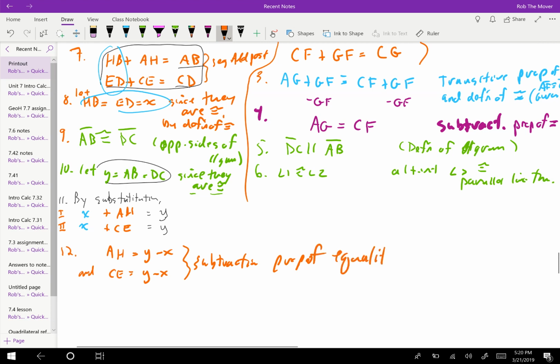I don't know why I'm having so much trouble writing with this pen. Okay, so now what does that mean? Great, so now AH equals CE.